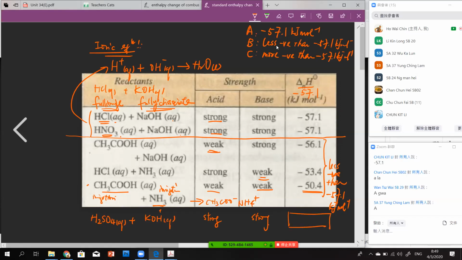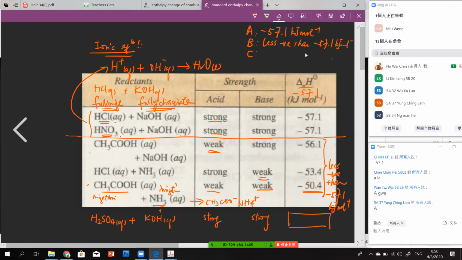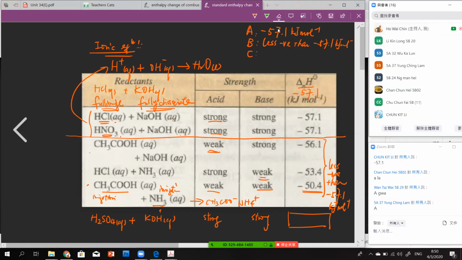Now I will give you some choices this time. I know that most of you will not choose the more negative one. How about this? The third one is minus 114.2 kilojoule per mole. Okay, what do you think about this?